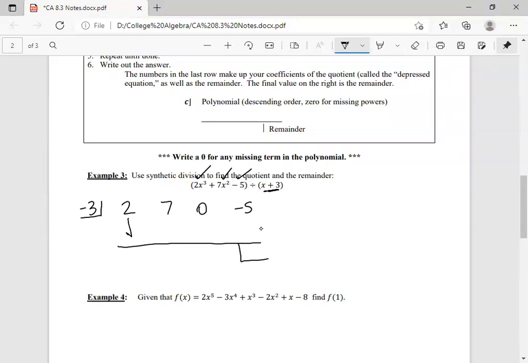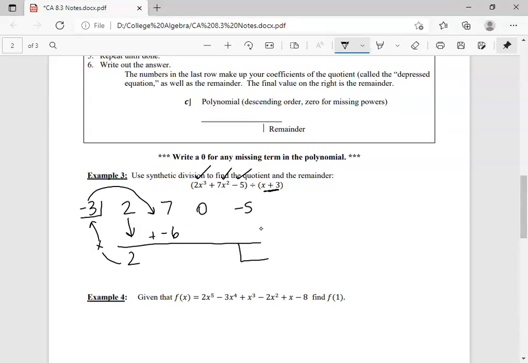We're going to bring this 2 down. That's the first step. Take the 2 and we're multiplying the 2 by the -3. And 2 times -3 is -6. What do you do with the 7 and the -6?